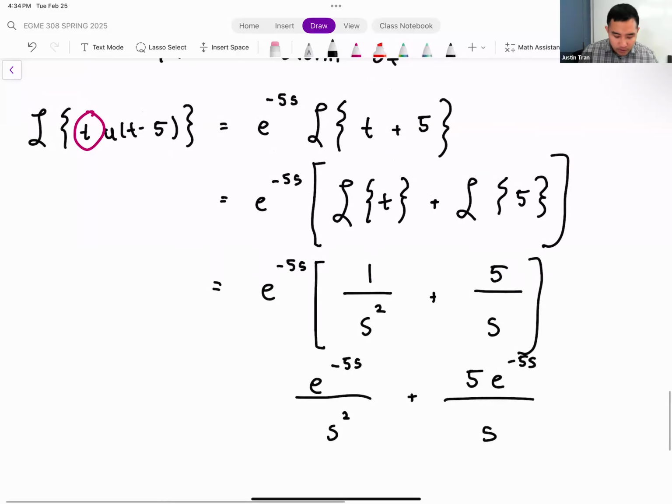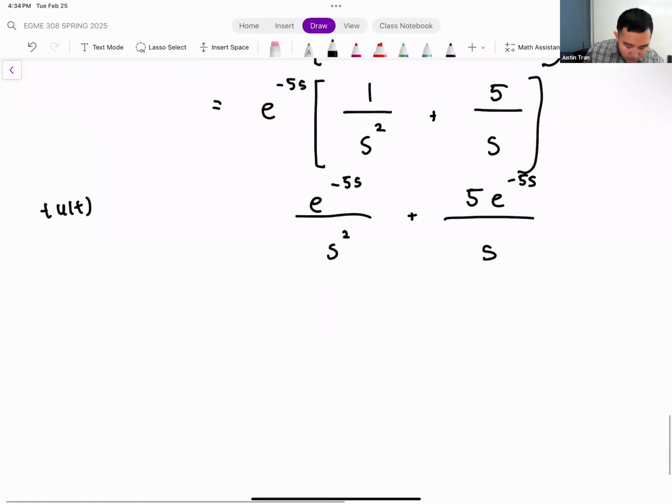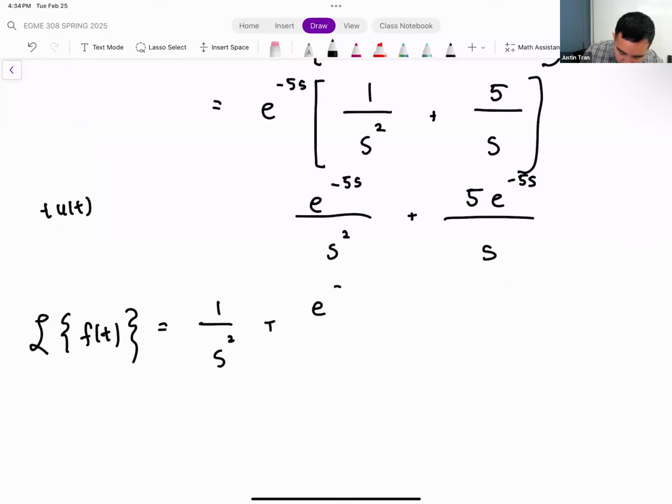Okay, so let's combine that with our previous results. If you remember, about 15 minutes ago, we had the t u of t term there as well. And so the Laplace transform of this function f of t, which is our discontinuous function, was 1 over s squared plus e to the minus 5s over s squared plus 5e to the minus 5s all over s.